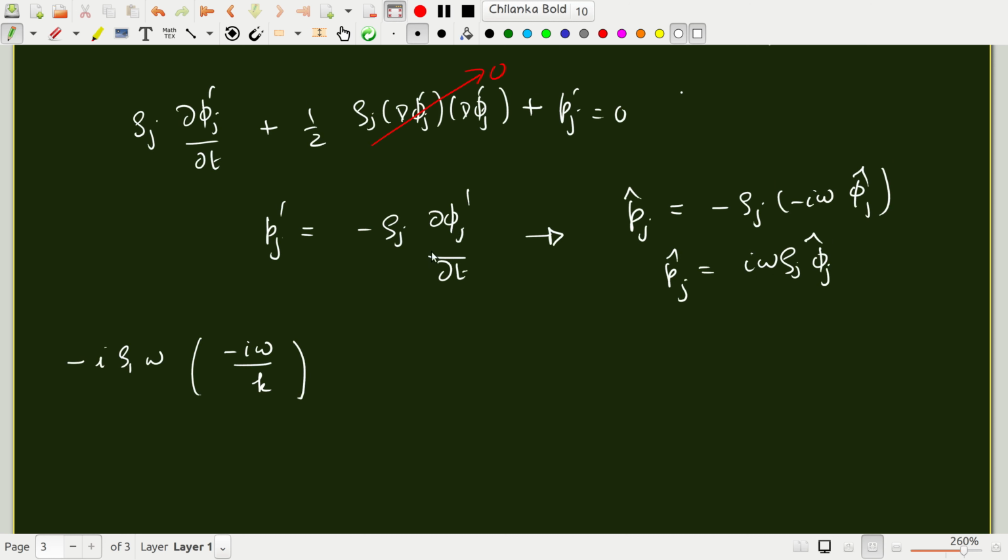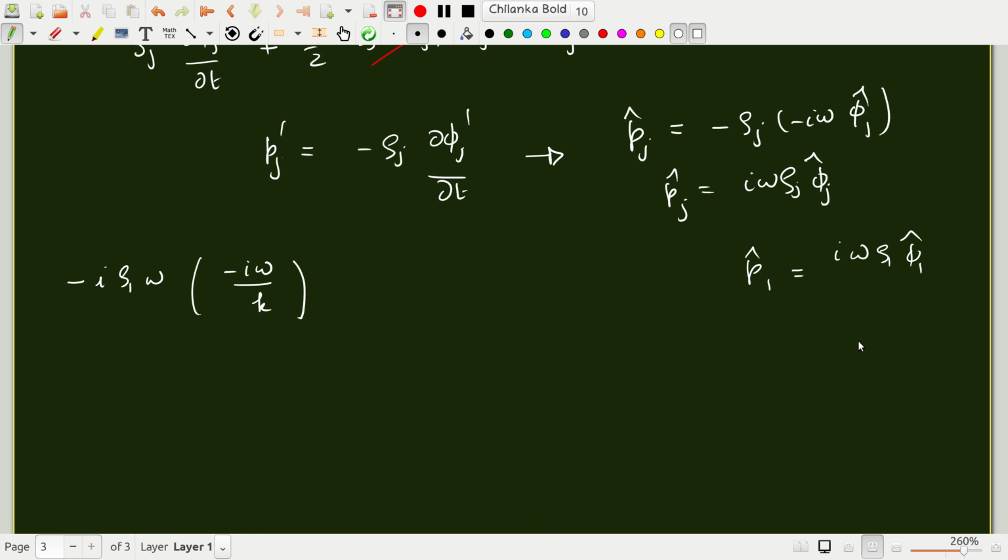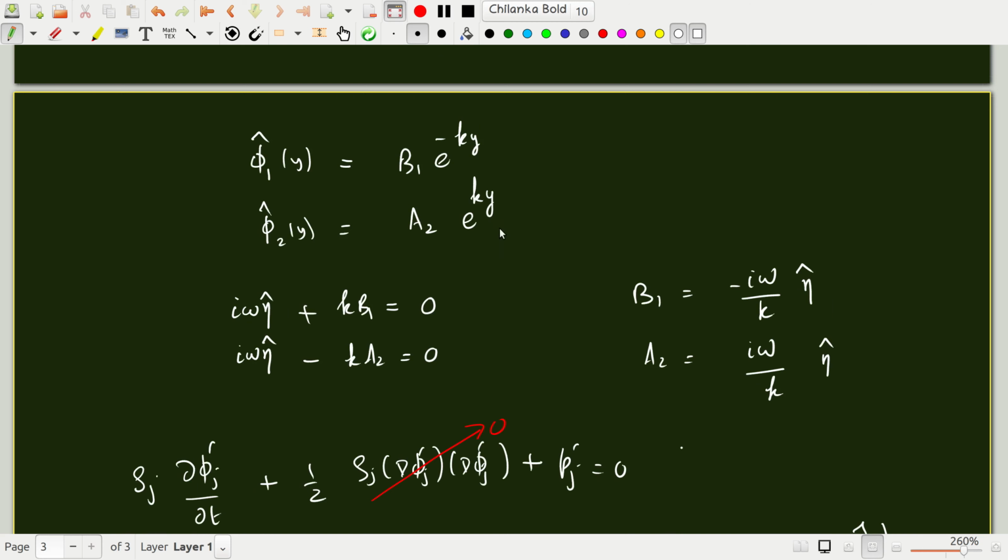P cap 1 is I omega ρ1 φ1, and we have to now know what is φ1.